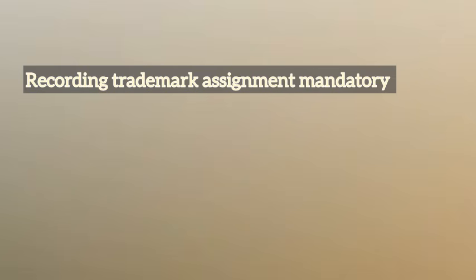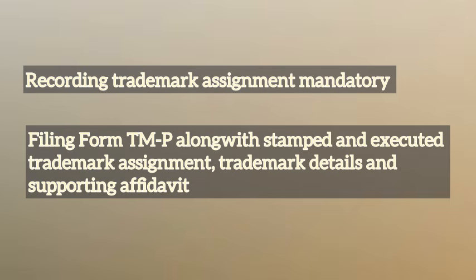Now, moving on to the next point, that is recording assignment with the trademark registry. Recording of a trademark assignment involves filing Form TM-P with the trademark registry, ideally within 6 months of the transfer, along with the assignment deed, and requires fees to update ownership records.